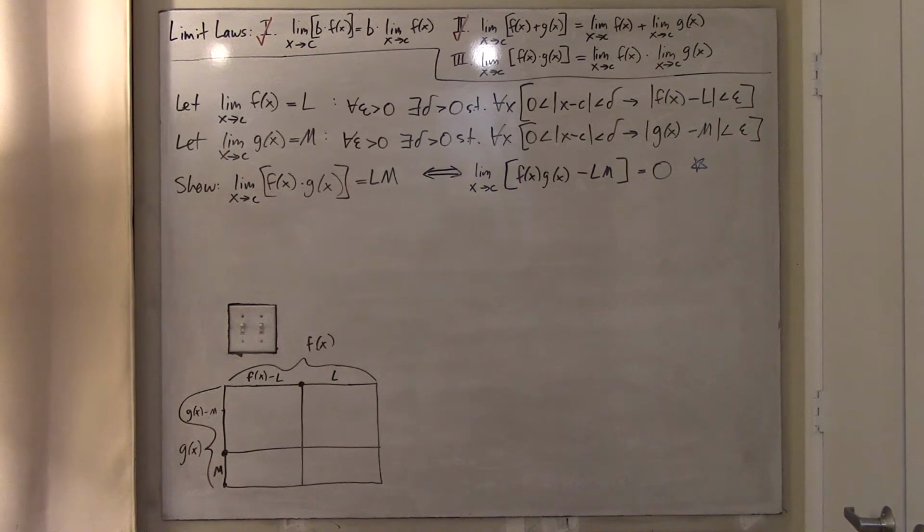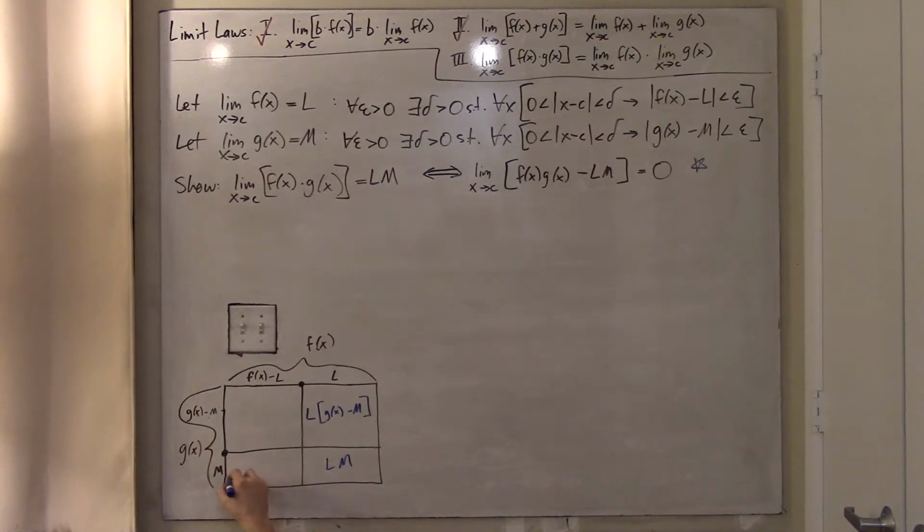Well, this rectangle is L times g of x minus m. This rectangle here is like Lm.